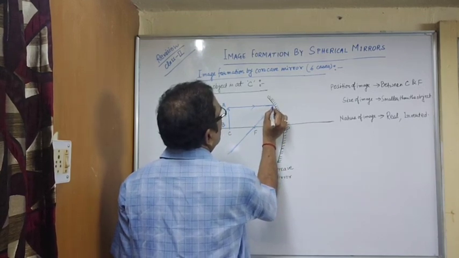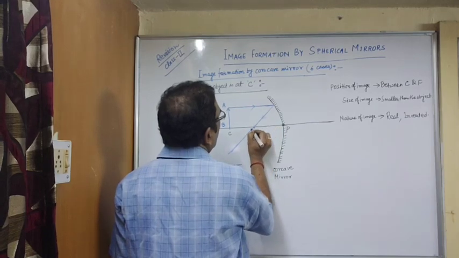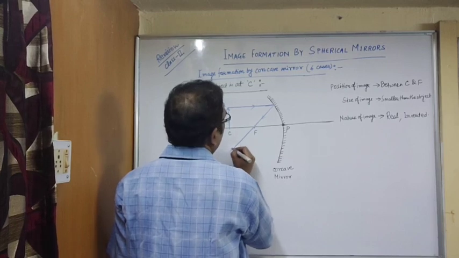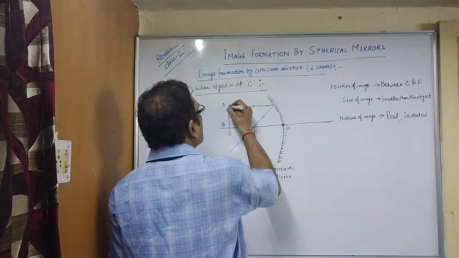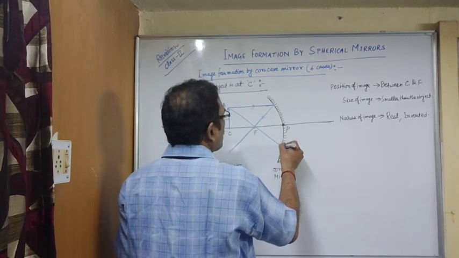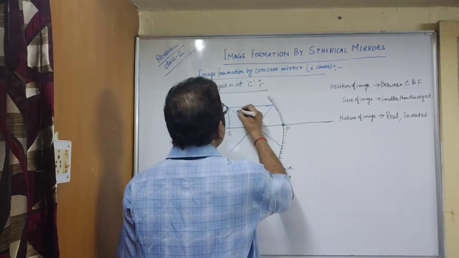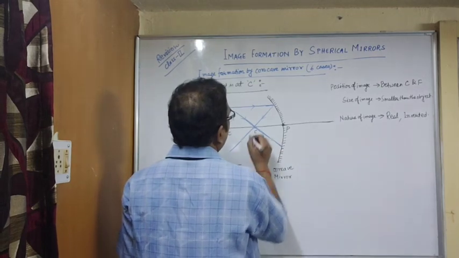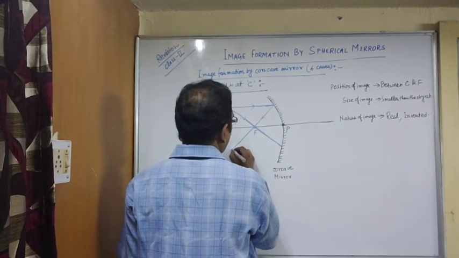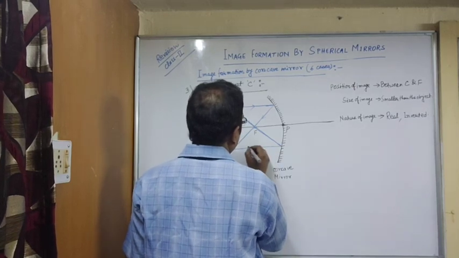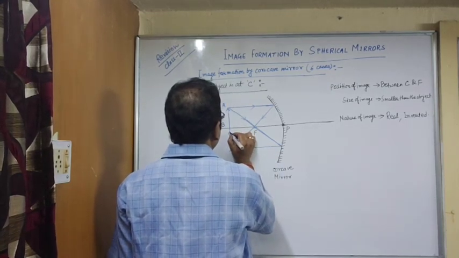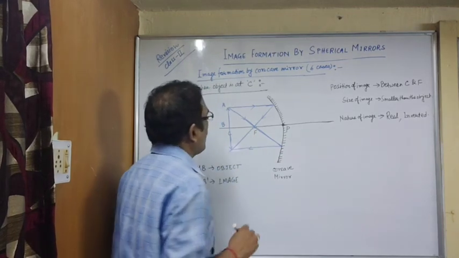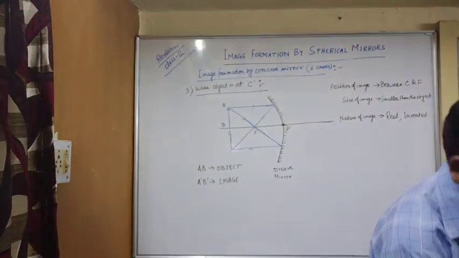It should be straight, and in whiteboard it is difficult to draw straight lines without a scale. So take another ray through focus. Let this be the ray which passes through focus. So this ray after reflection will be parallel to principal axis, and you will find that you will get an image at C only, isn't it?